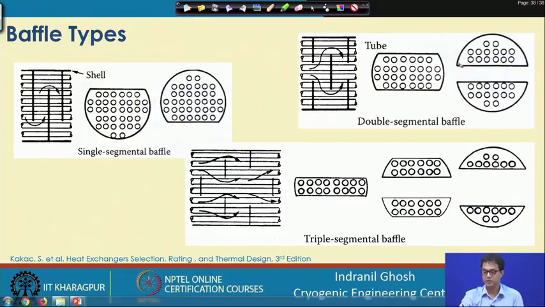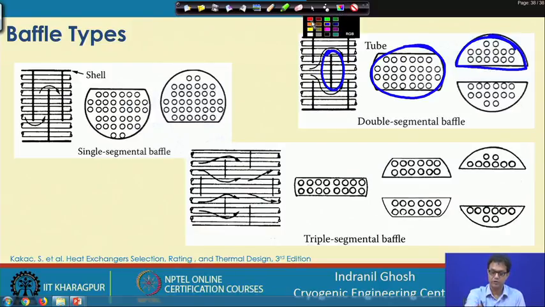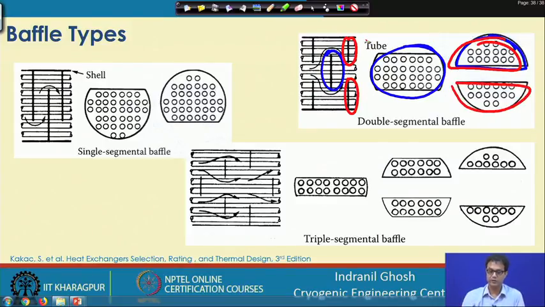Whereas in the case of the double segment baffle, as you can understand, we have this part at one end and the other part at the middle, and corresponding to this part we have this end and this end. Like that they are arranged in the double segmented baffle.